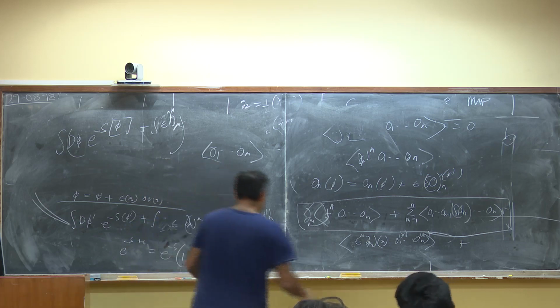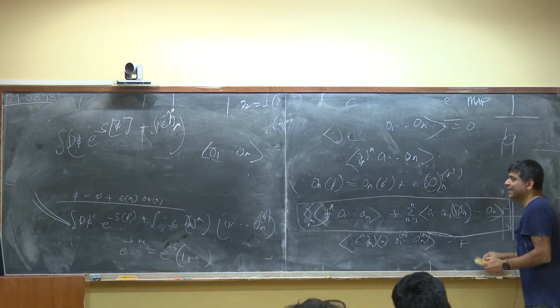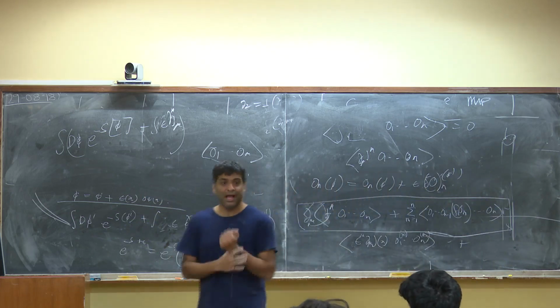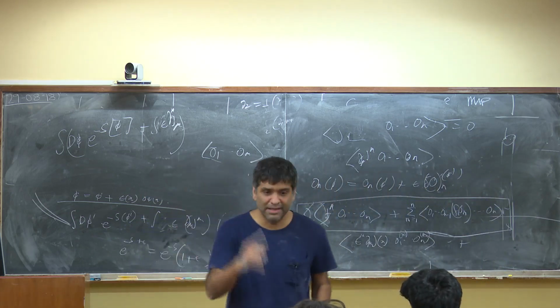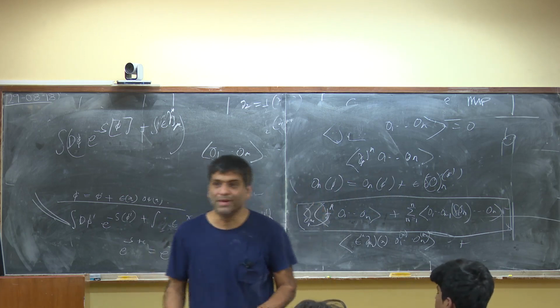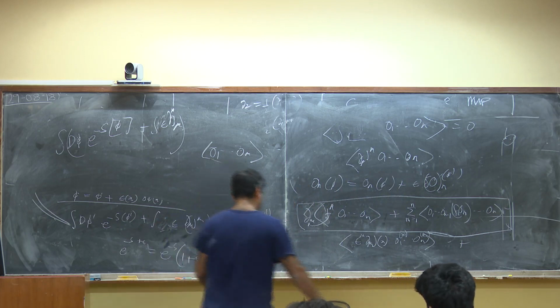Okay, everything I said here was true for arbitrary field theories. Now I want to help you understand what's special about these conformal field theories, and in particular in 2 dimensions.